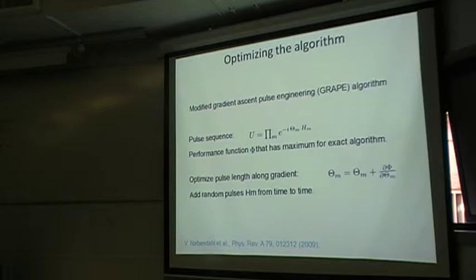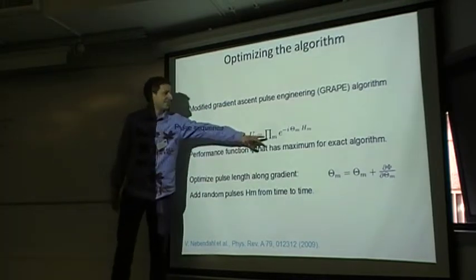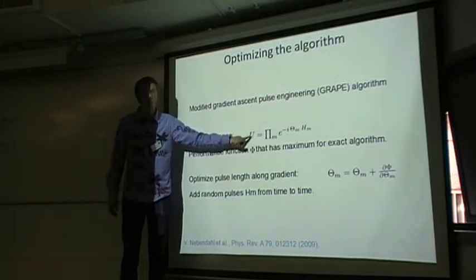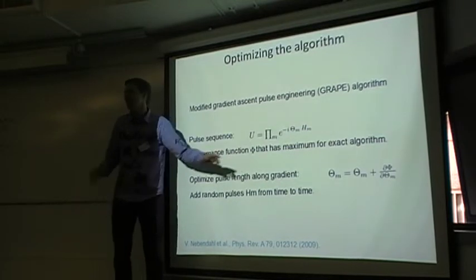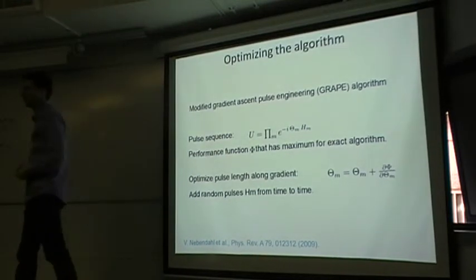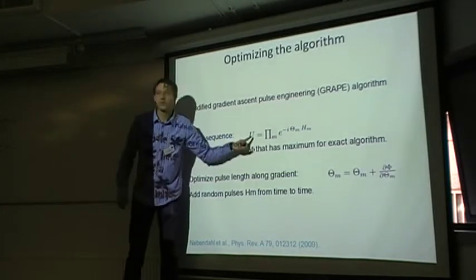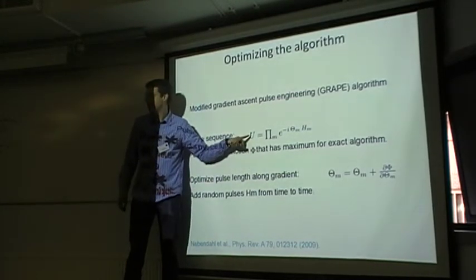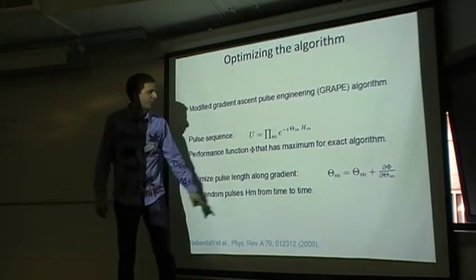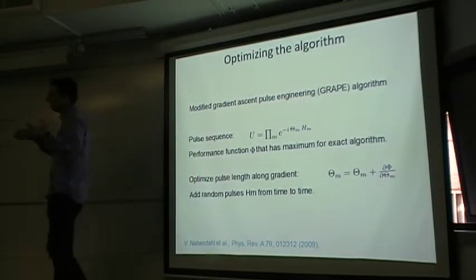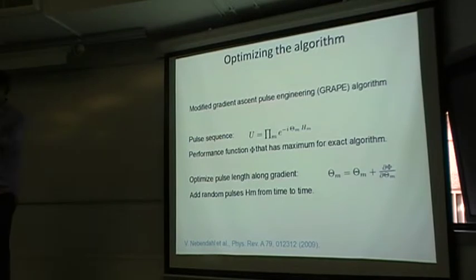That's an algorithm that actually optimizes our pulse sequences so that the unitary operation that we get in the end is exactly the unitary operation that we want. And of course, we want to maximize the overlap of this unitary operation. At the same time, we want to have our pulse sequence as short as possible, because each pulse, each operation induces errors.